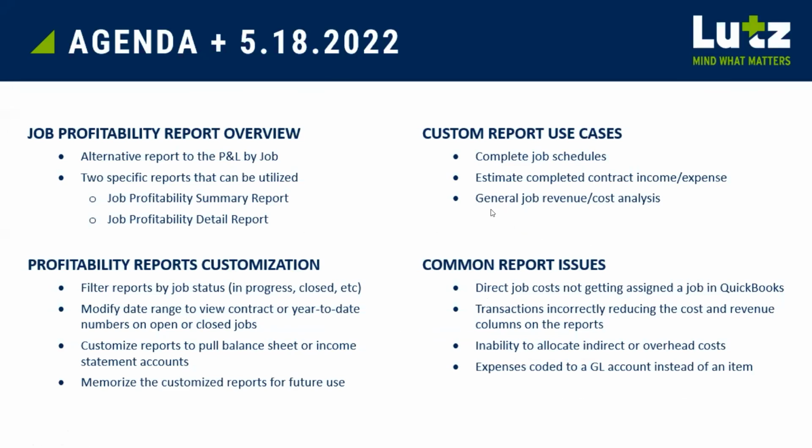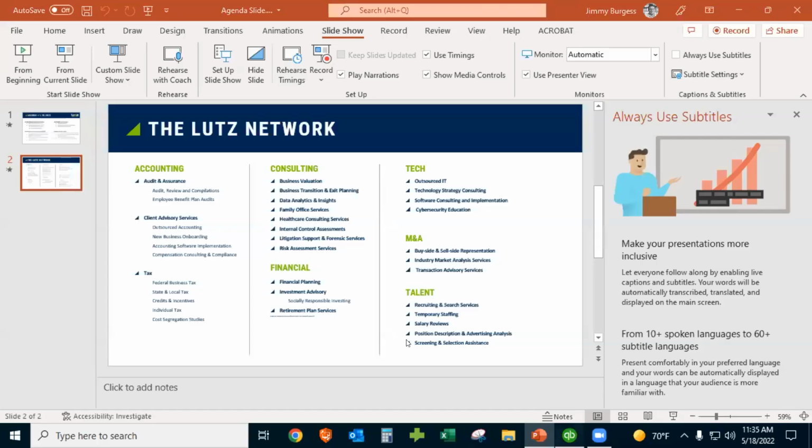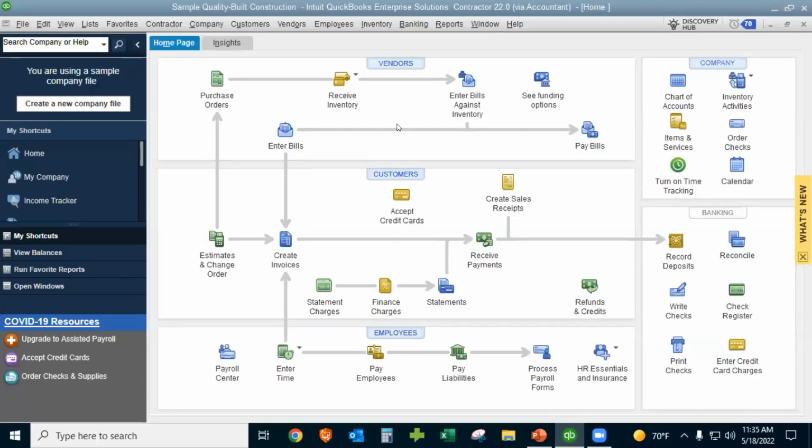So I'm going to flip over to QuickBooks. You guys should see, and I should explain, that we are doing this on QuickBooks Desktop solely this afternoon. A lot of people use QuickBooks Online, and we'd like to do a presentation on that in the future, but the reports that we like to use for contractors are mainly in QuickBooks Desktop.